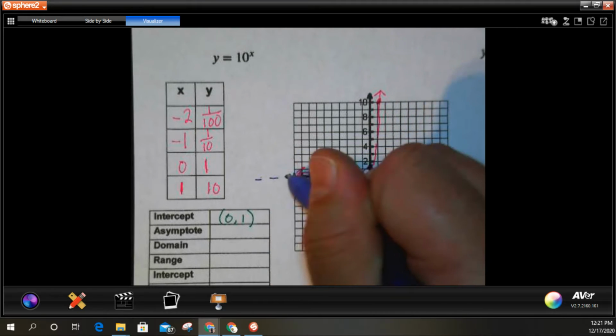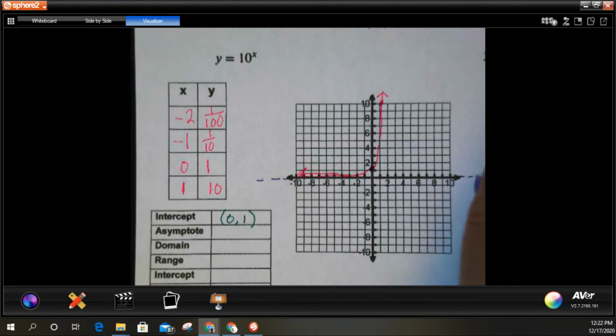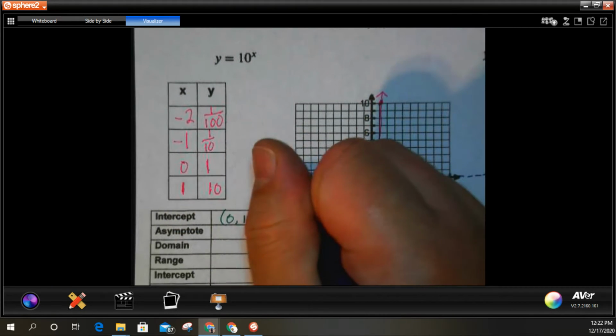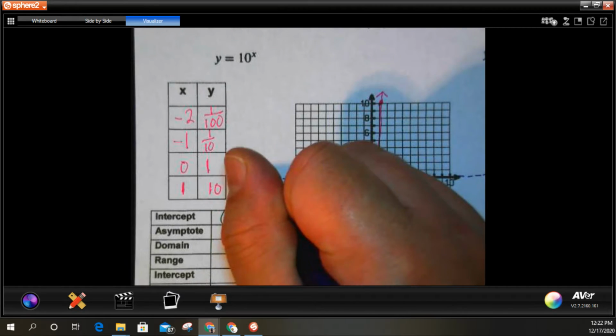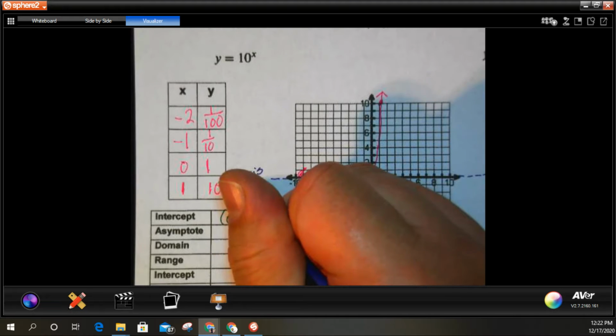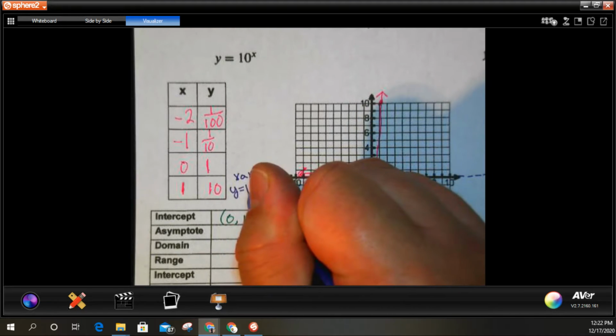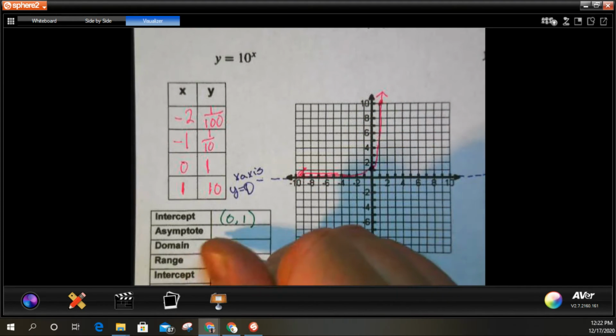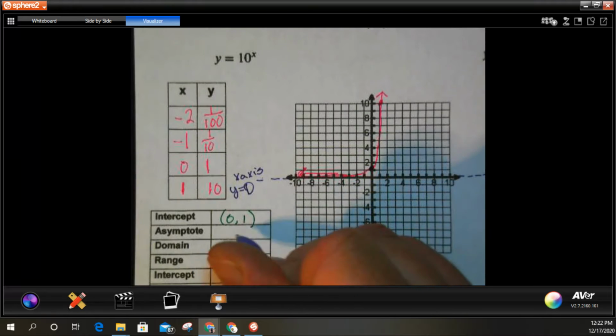Happens to be this line, which is the x-axis, right? And the equation for the x-axis is y equals 0. So the asymptote is y equals 0.